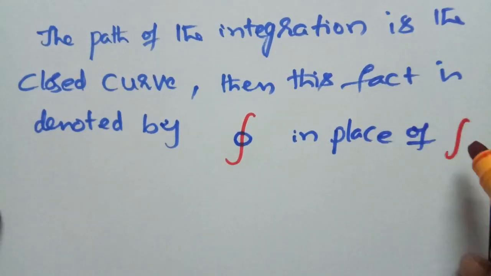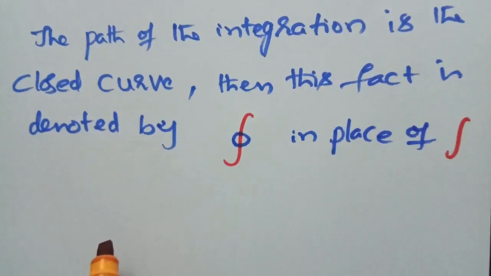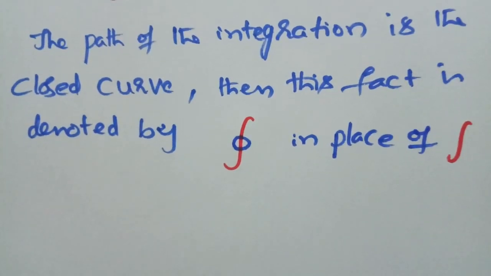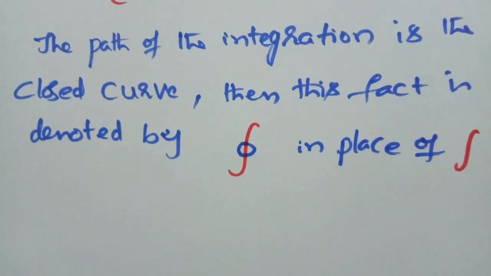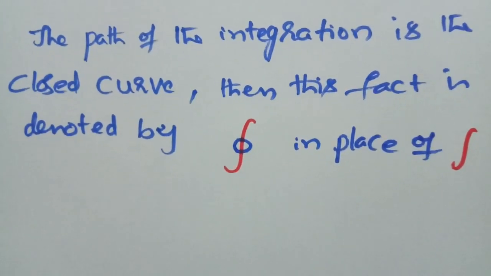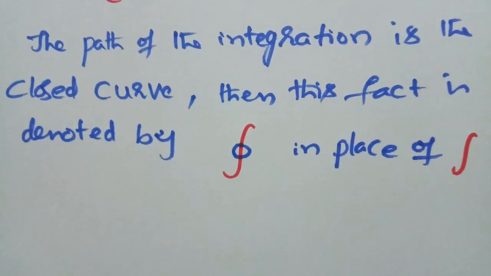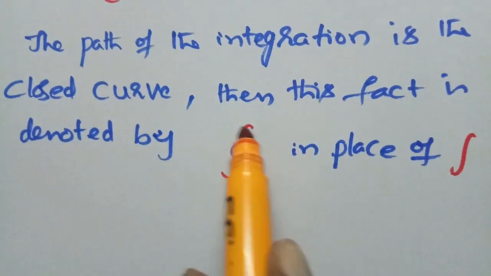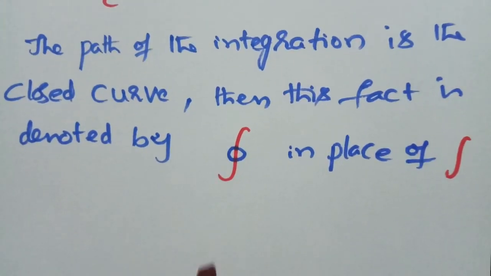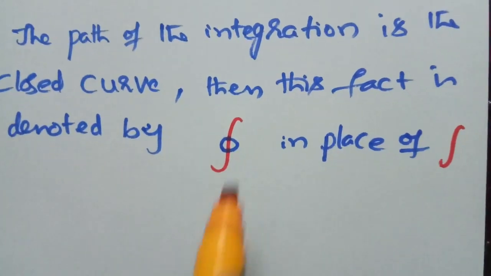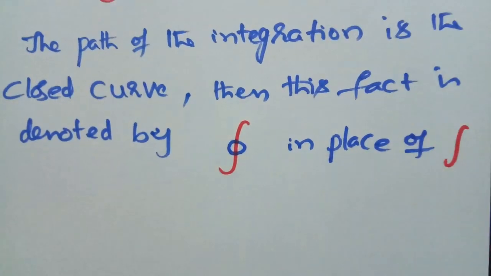But in the problems, we generally use the plain symbol instead of representing the circle also. But as a rule, when the path of the integration is a closed curve, we have to write the circle symbol on the integration symbol.